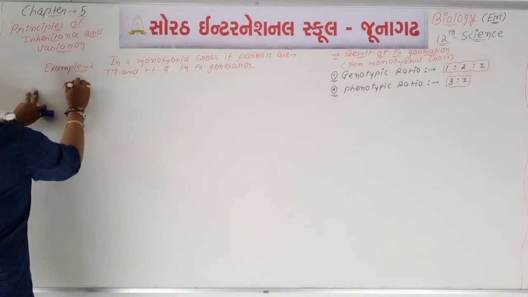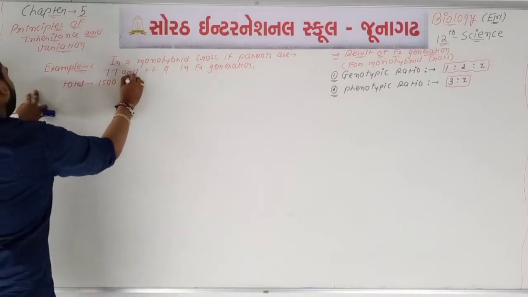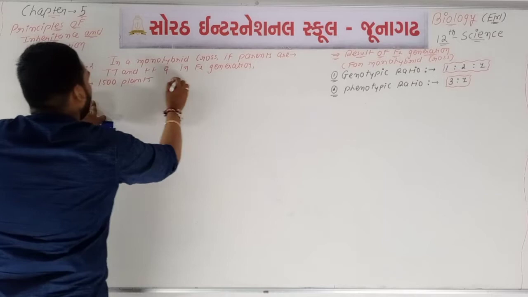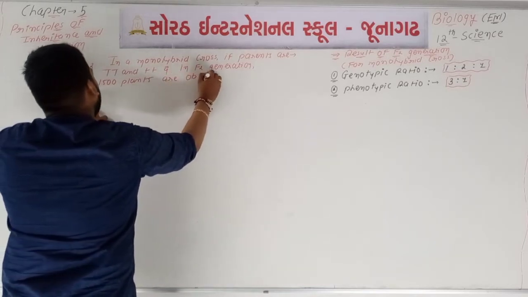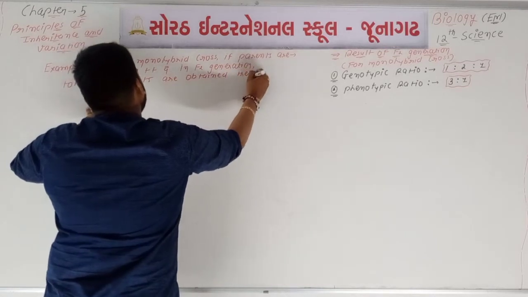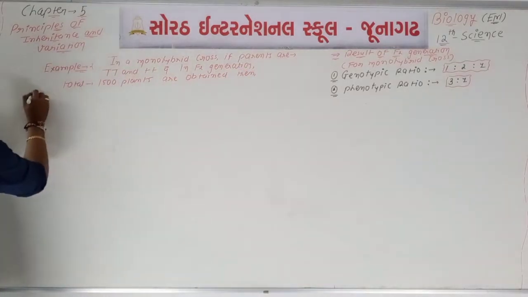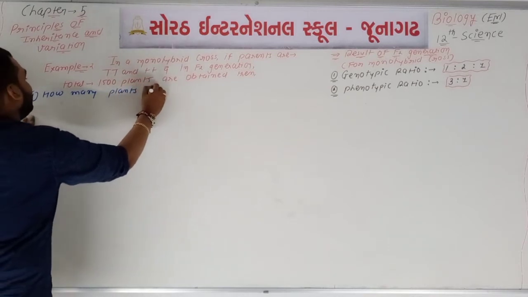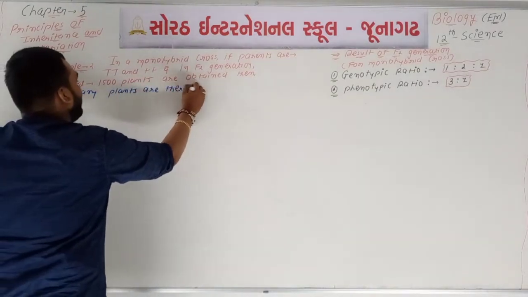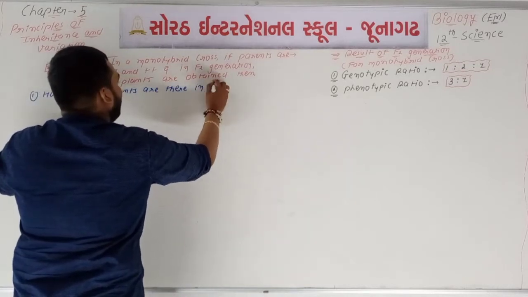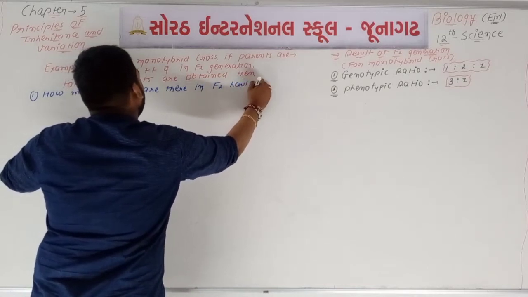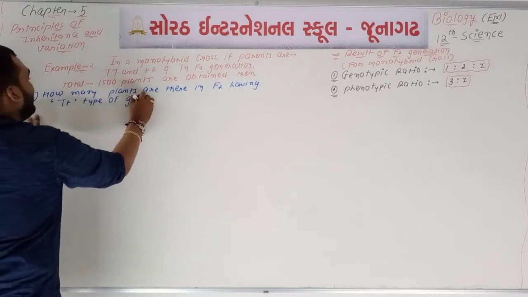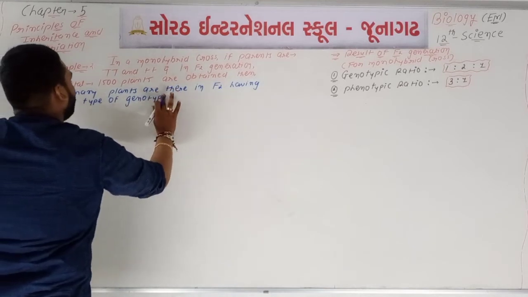If parents are capital T and small t, and in F2 generation total 1500 plants are obtained. Then first question: how many plants are there in F2 having capital T small t type of genotype?